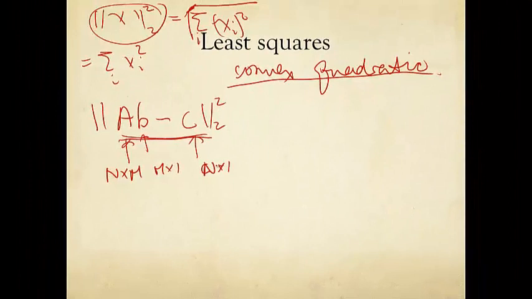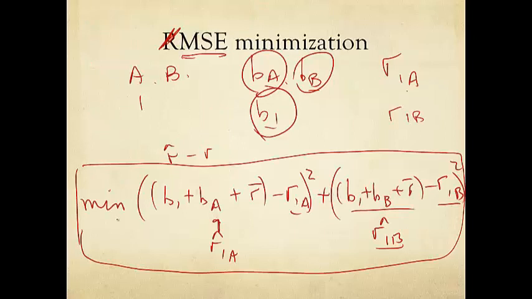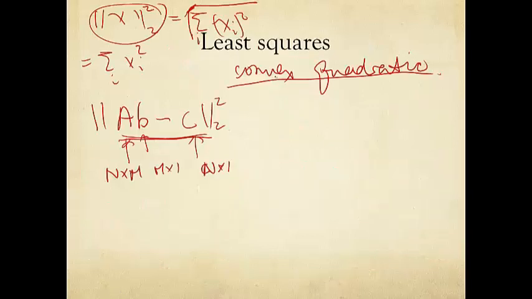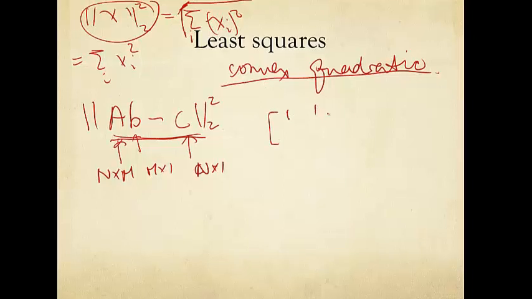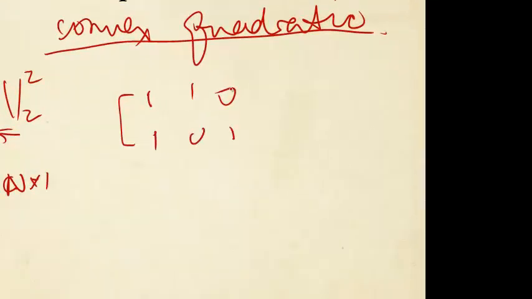In the particular case we just saw, we can also write this problem, minimizing this expression, in this standard form. It looks a little weird, but you'll soon see it's all right. The matrix is 1, 1, 0, 1, 0, 1.